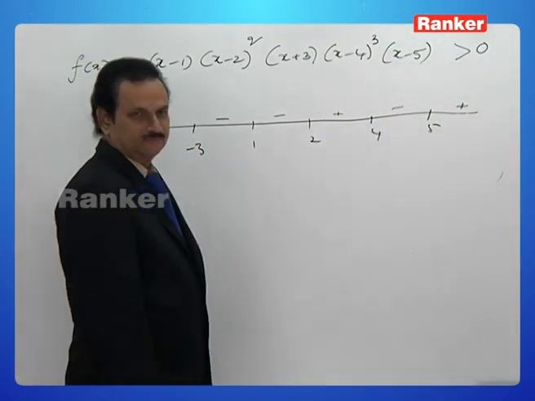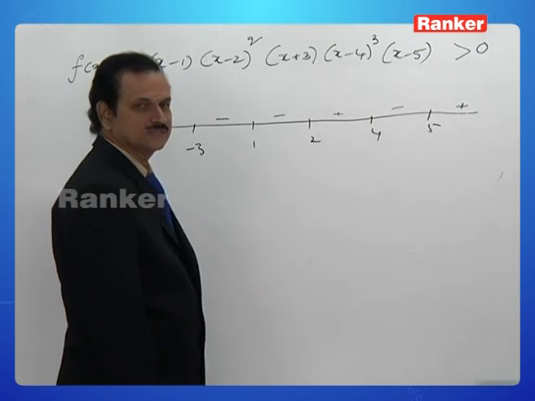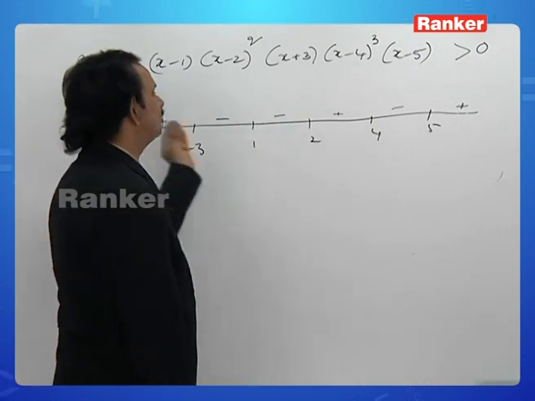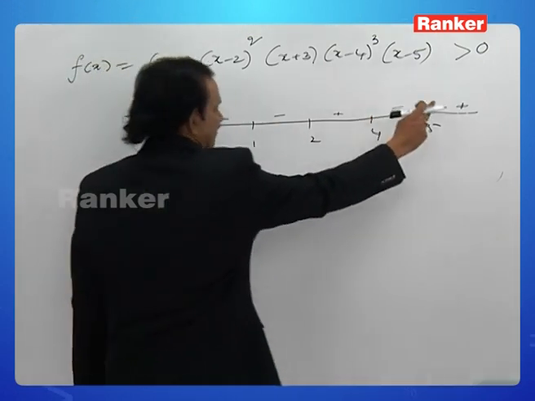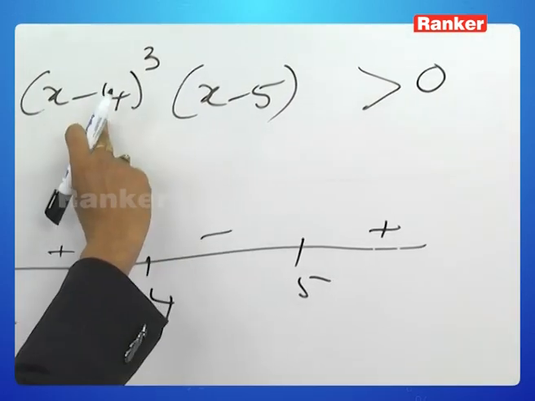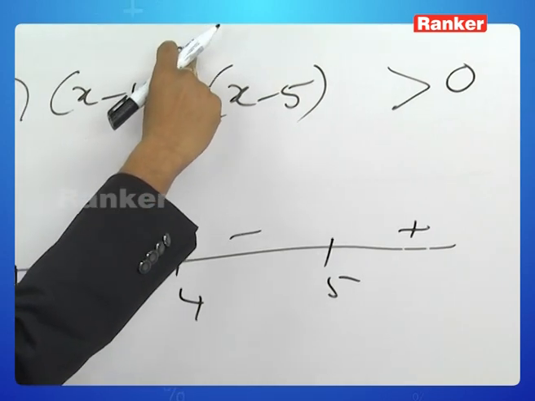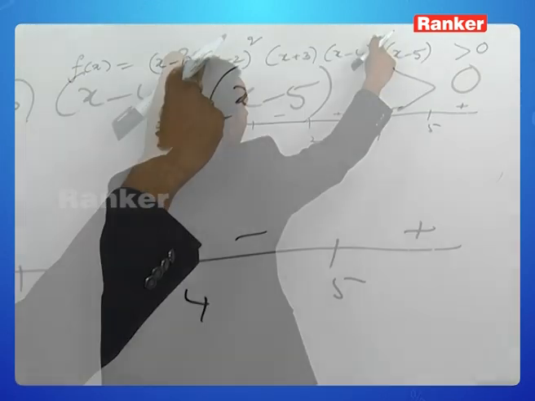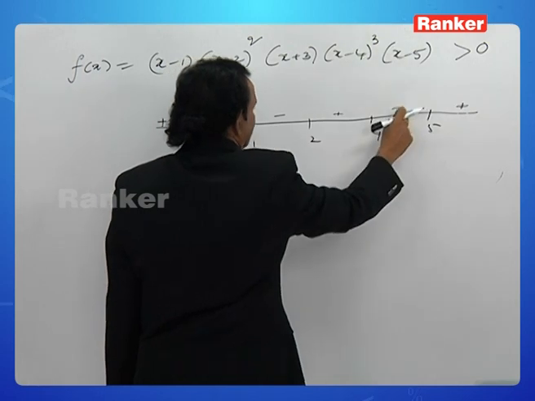We now observe, without discussing such things, how we can put these symbols. Positive, negative, x minus 4, exponent is 3. Odd number or even number? Odd number, so minus.